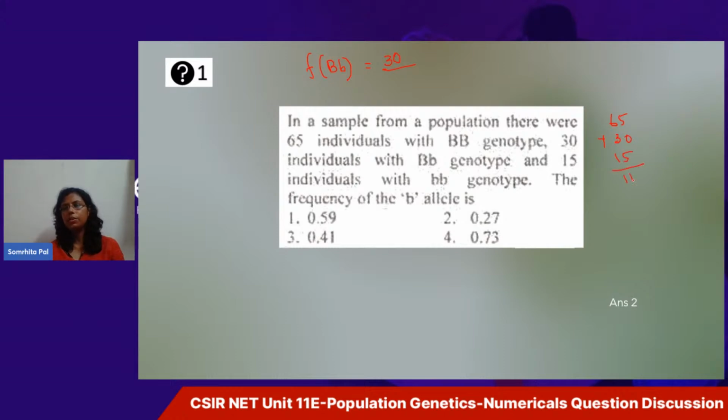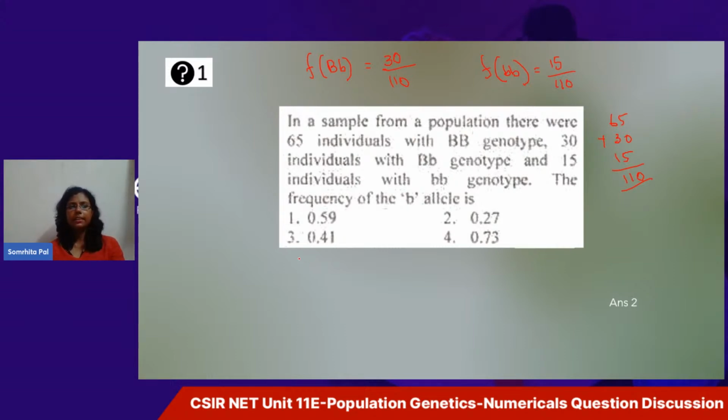Okay, that will give me the total of 110. So 30 out of 110, this is the frequency of my heterozygous. Frequency of my homozygous recessive will be 15 out of 110. All right.